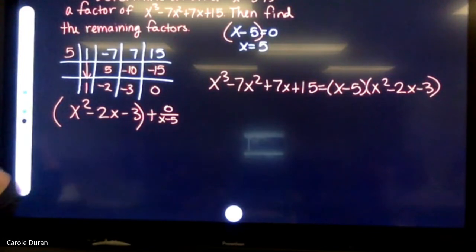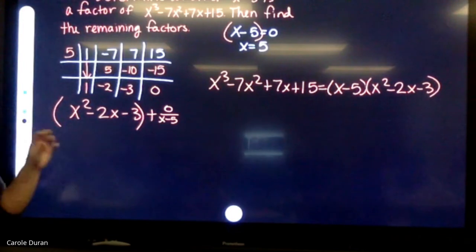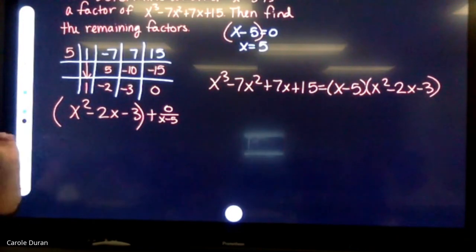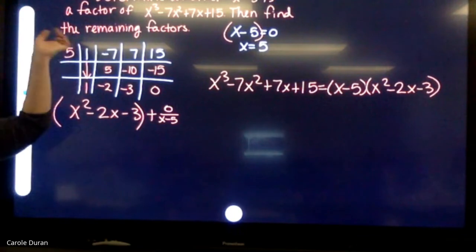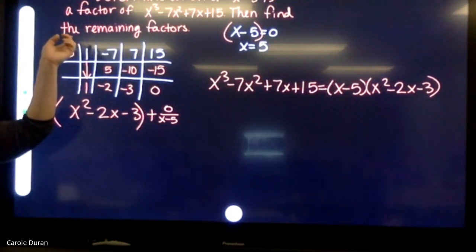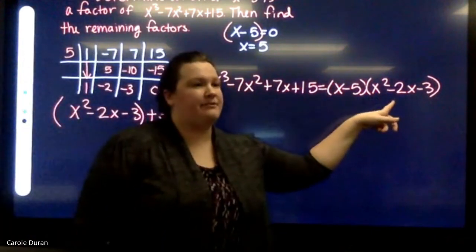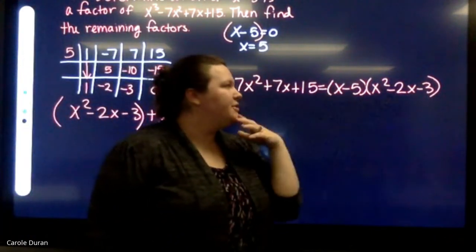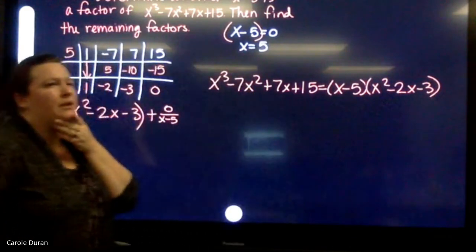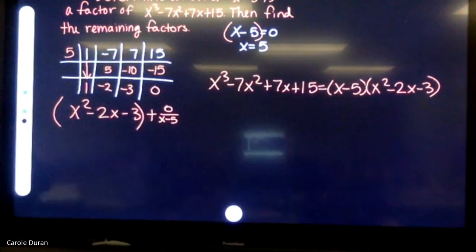Right. There was an additional piece to these instructions. It said if it was a factor, then I want to find all remaining factors. Which means, if possible, I need to factor the quadratic that I had left. Is it possible to factor x squared minus 2x minus 3? Rephrased.